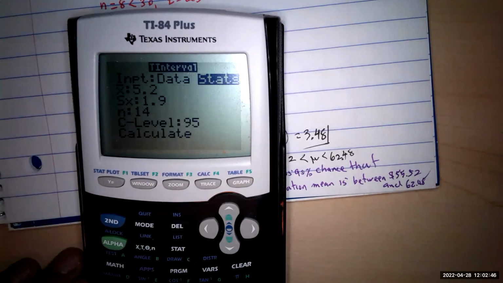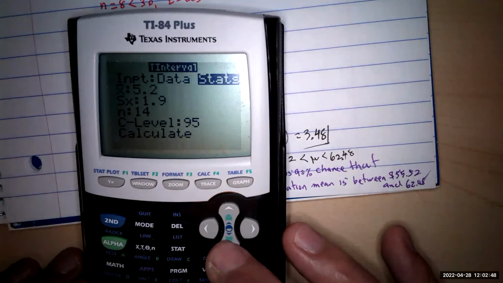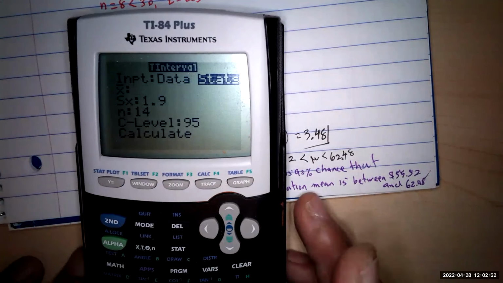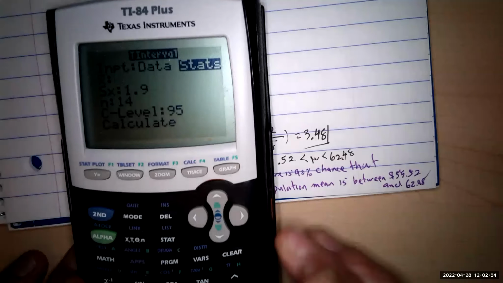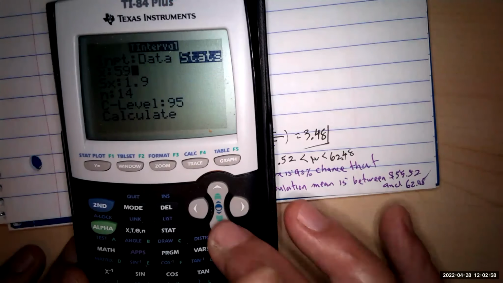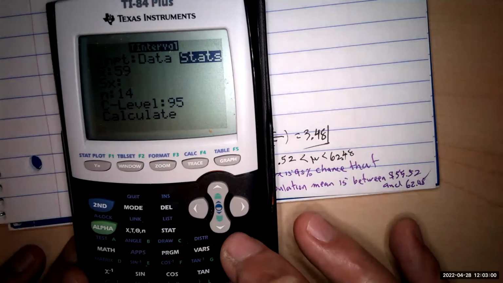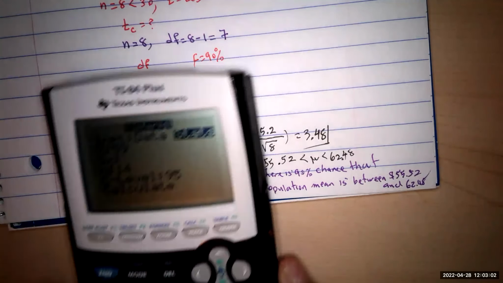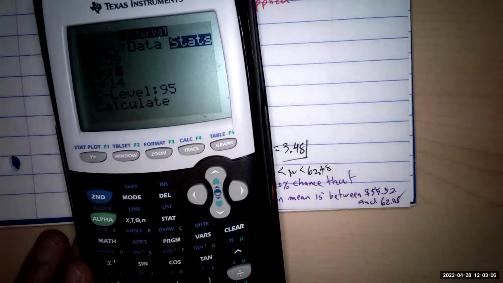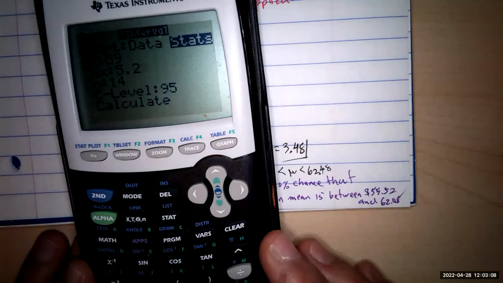So t interval asks you for the mean. So the mean in this case, x bar, is 59. Then we go for the standard deviation that we found, which was 5.2.